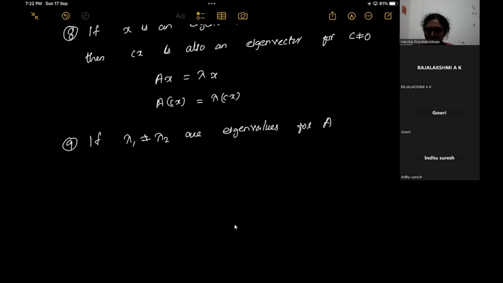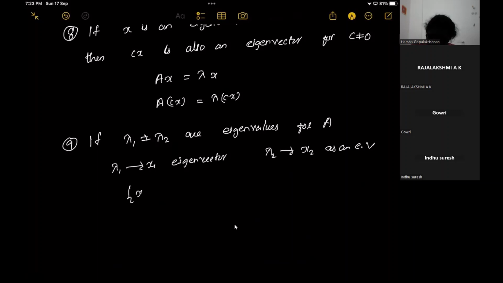Then corresponding to lambda 1, we have x1 as an eigenvector, and for lambda 2, we have x2 as an eigenvector. Then x1 and x2 are linearly independent.